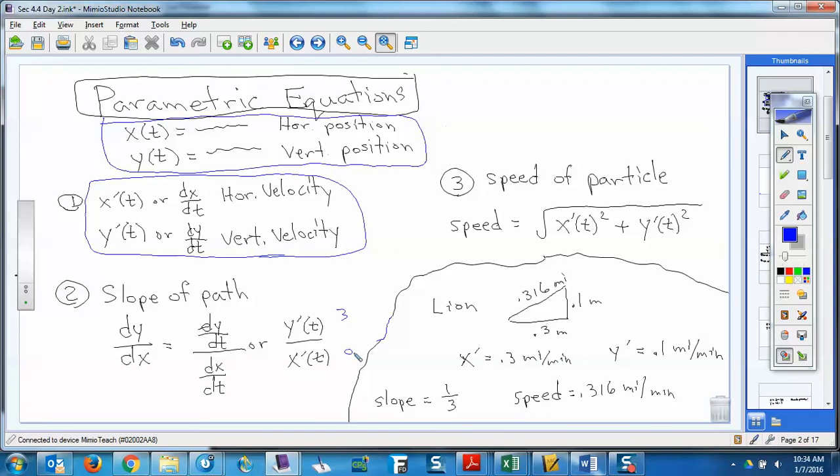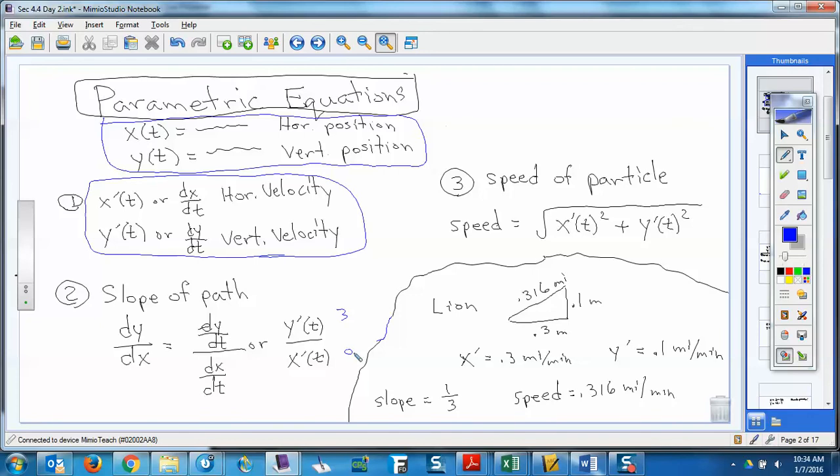Horizontal velocity is 0, so it's not going horizontal, it's just going straight up. What's vertical slope? Undefined. Sharp point, slope's undefined. Vertical line, slope's undefined. So that makes sense with what we're talking about.